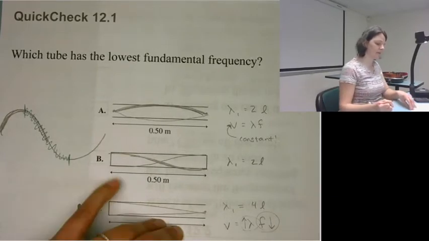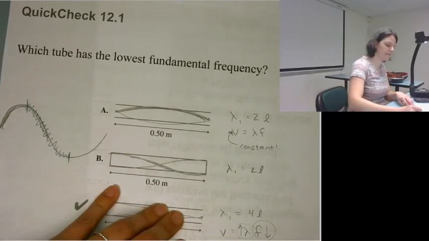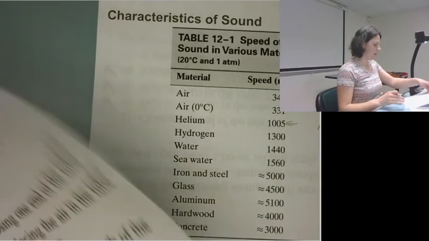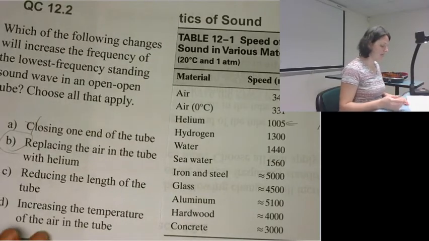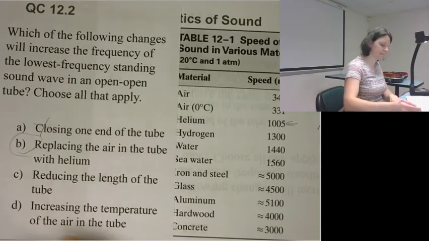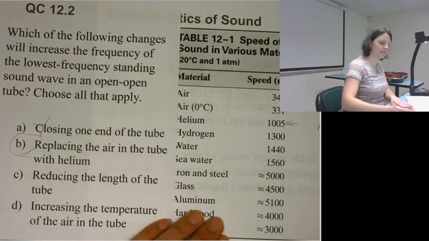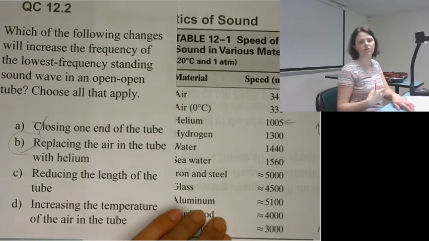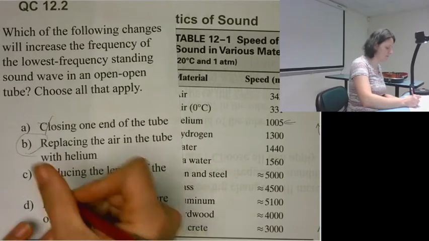I'll solve this for f, and I get that f1 is v over 2L. So if I reduce the length of the tube, the denominator goes down, which must mean that this whole value gets bigger. That gives us a higher pitch too. That will increase the frequency. So C works.